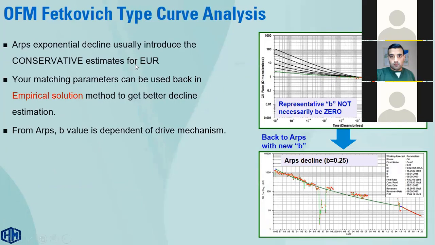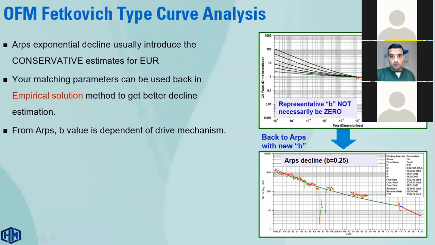This is a field example for Fetkovich type curve applications. In this example, we have the production data in red color, and this is the Fetkovich type curve in log-log plot, with dimensionless rate and dimensionless time. This curve will be used to identify the probable value of b, or hyperbolic exponent.